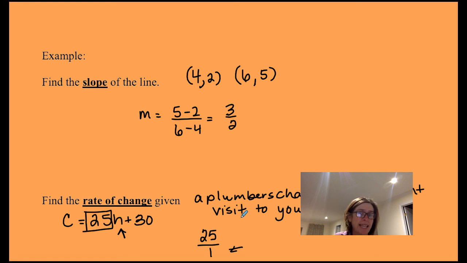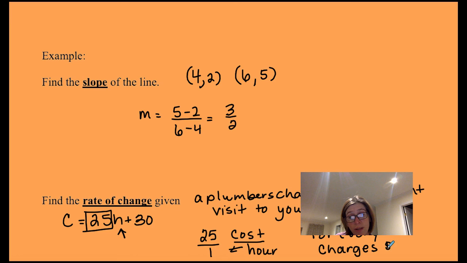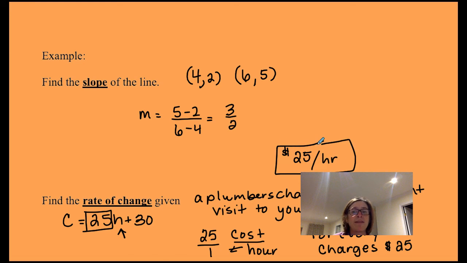In this case, we'll say it's hours, and 25 would be the cost. So for every 1 hour, the plumber charges $25. So we might write that as $25 an hour. And that is a rate of change.